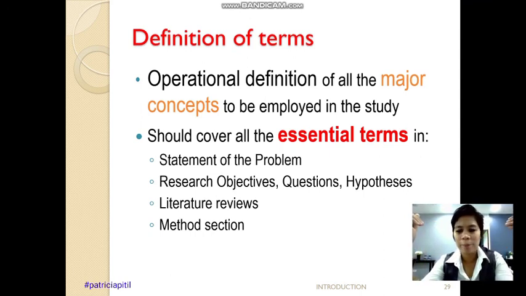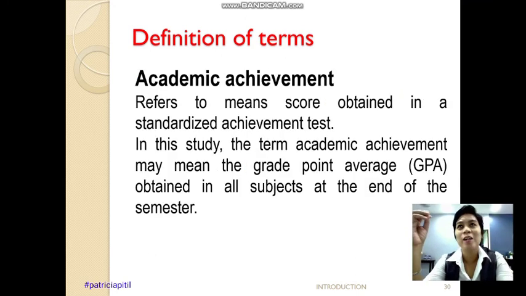Then you define it. I'm talking about motivation just now, so you have to define it in your own terms, not a definition with a citation. I want you to put it operationally. For example, if the topic is academic achievement, it refers to the mean score obtained. So GPA is academic achievement in your term in the research proposal.